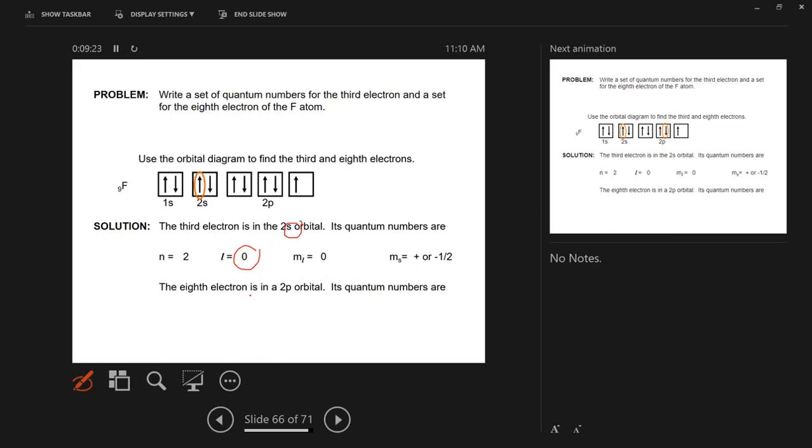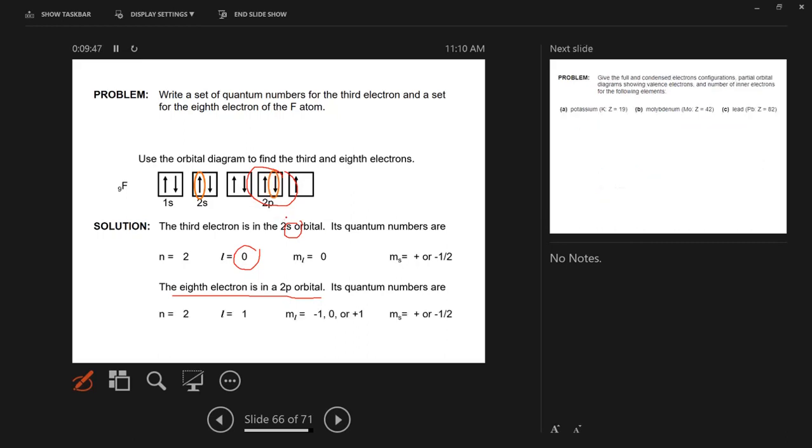The 8th electron is in the 2p orbital: 1, 2, 3, 4, 5, 6, 7, 8. 2p. So the quantum numbers are n equal to 2, l equal to 1 because here is p, right? And ml equal to negative 1.